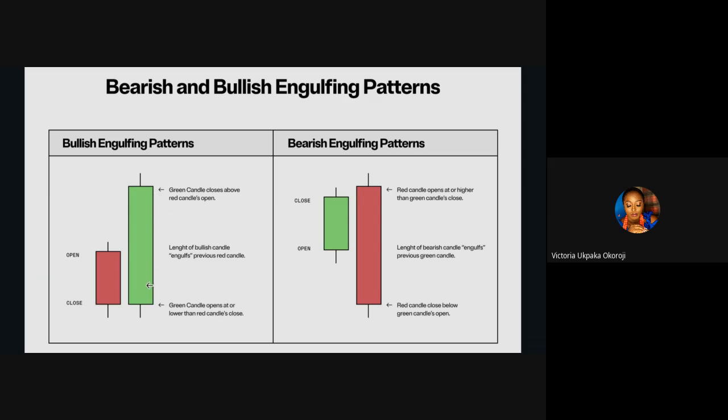This long green candle is engulfing this red candle. But when the green is smaller and the red is longer, it means we're about to be in for some bearish market. Do you get it?